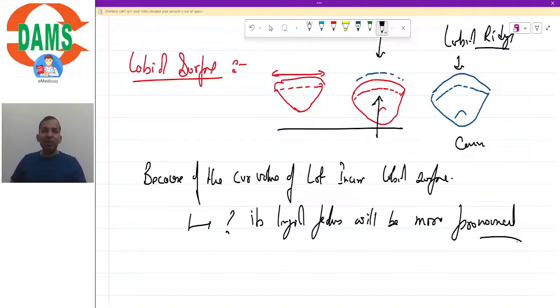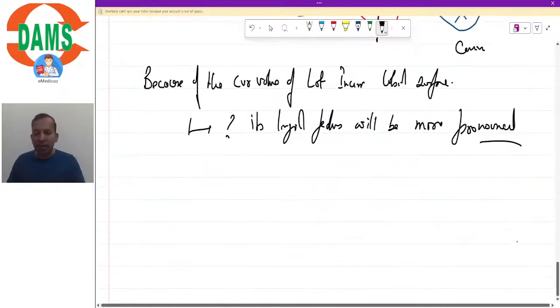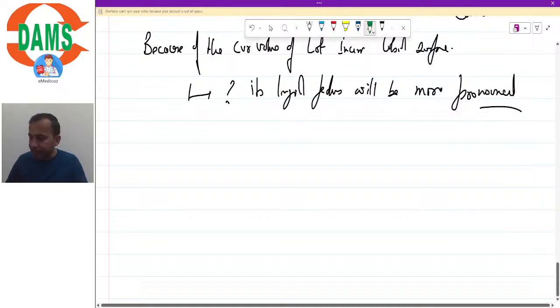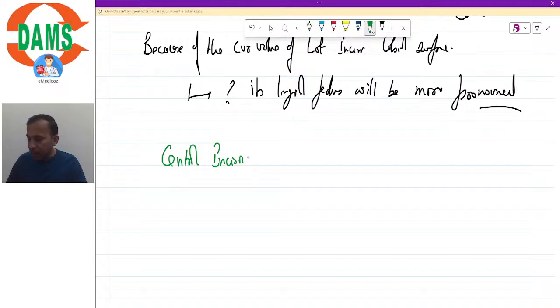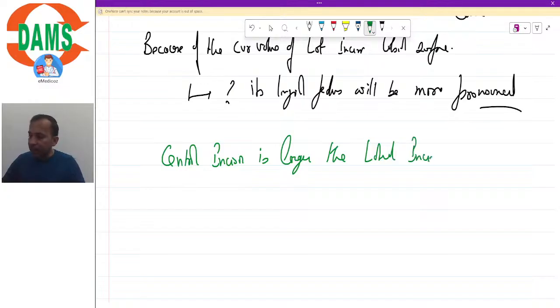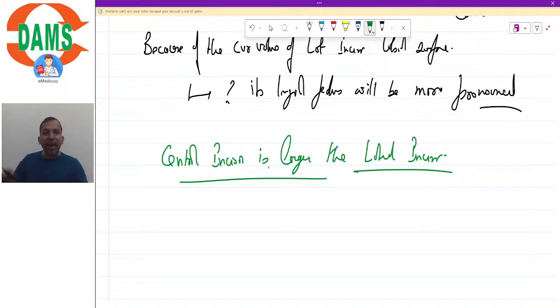Now obviously there is no question as far as the size is concerned. Central incisor is larger than lateral incisor, isn't it? And canine is larger than either of these two teeth, right?